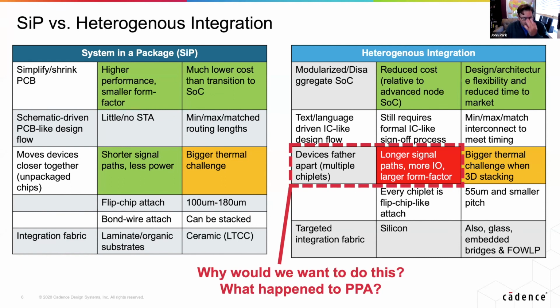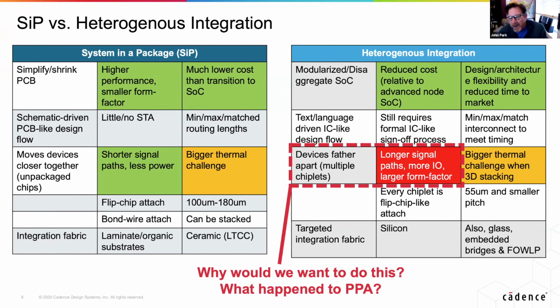As I said, most of these are done on laminate, or what some people call organic substrates, and a little bit on ceramic. So all that makes good sense. The biggest challenge you introduce in moving to a system in package is thermal. You need to take a closer look at thermal because you're putting devices much closer together inside of a package. But there are a lot of positives that outweigh that bigger challenge with thermal.